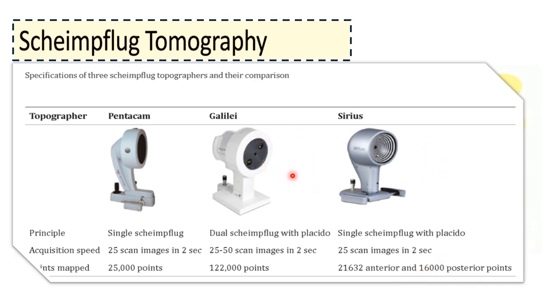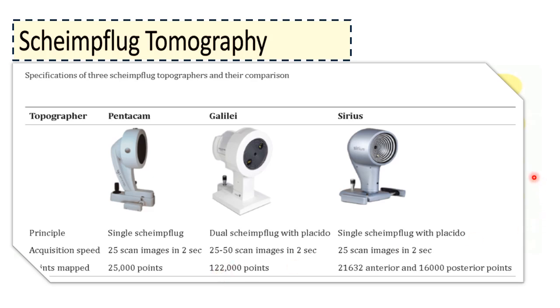The Galilei is using two Scheimpflug cameras and can examine up to 122,000 points in the cornea. However, the Pentacam, using one Scheimpflug camera, can examine 25,000 points in the surface of the cornea.